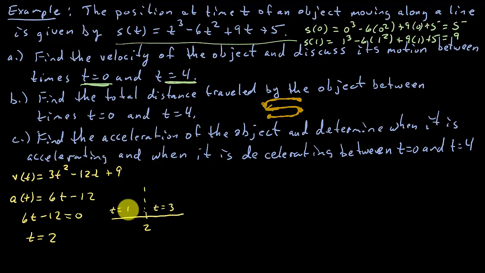All right, so let's plug in the 1. We'll plug the 1 into the acceleration function. So if I plug the 1 in, that's going to give me 6 minus 12. That's negative. If I plug the 3 in, that's 18 minus 12. That's positive. Okay.